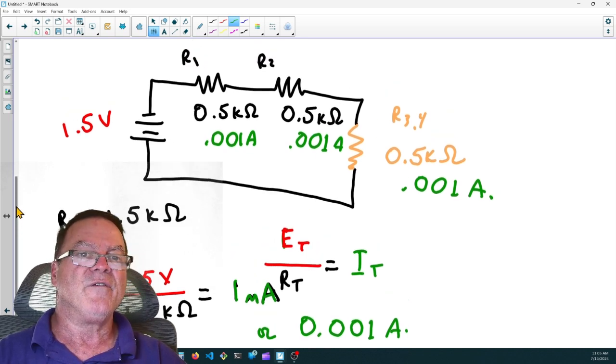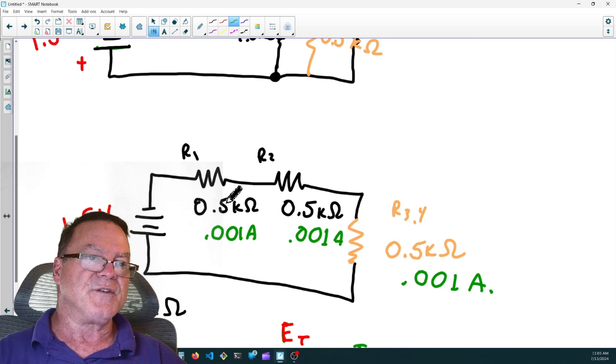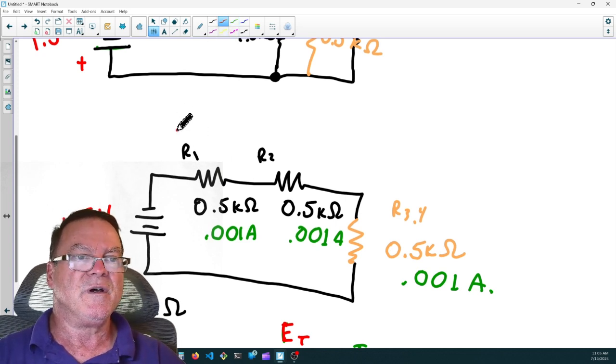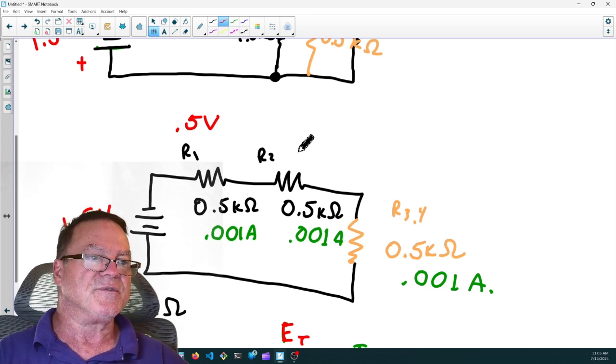So if we wanted to find the voltage drops now, we could say E equals I times R. So we have 0.001 times 500. It equals 0.5 volts. And this is the same value. It's 0.5 kiloohms times 0.001 amps equals 0.5 volts.